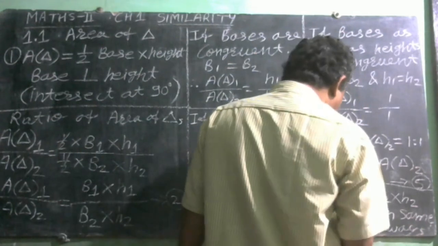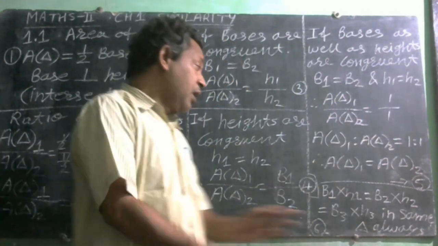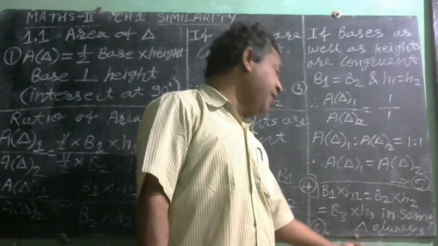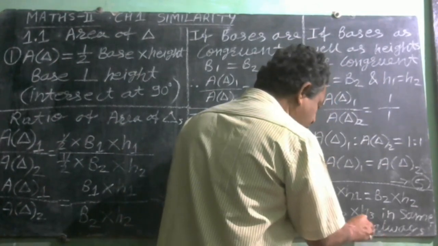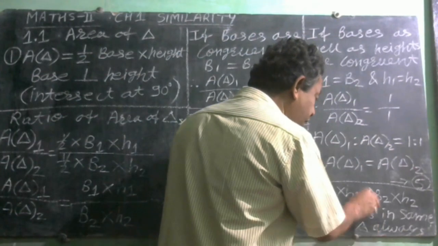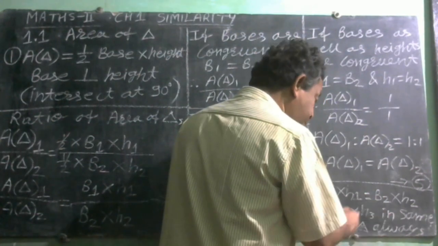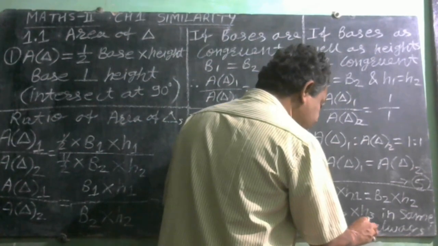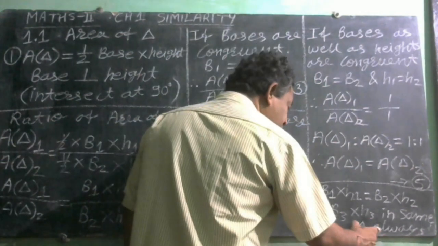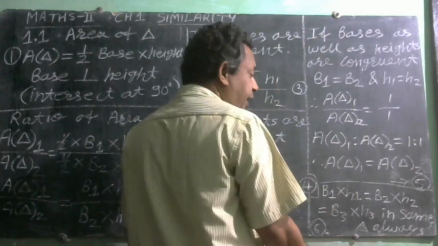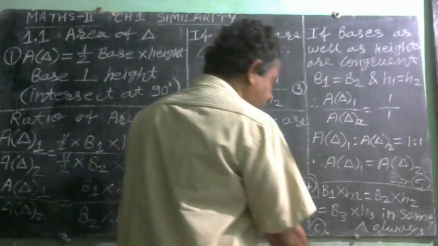This is the sixth formula we have to remember. What I have to say, in the same triangle, if we have taken this base and this is the height, then base 1 into height 1 is always equal to base 2 into height 2, or base 3 into height 3. Means whatever base is taken in one triangle with respect to that height, they are same. This is the sixth.